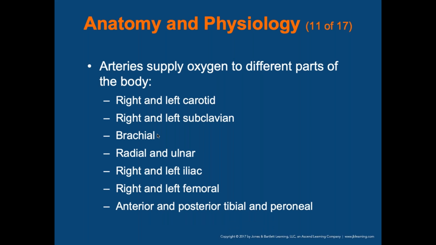All right. So arteries supply oxygenated blood to different parts of the body. The right and left carotid arteries supply the head and the brain. The right and left subclavian arteries supply the upper extremities. The brachial artery supplies the arms.